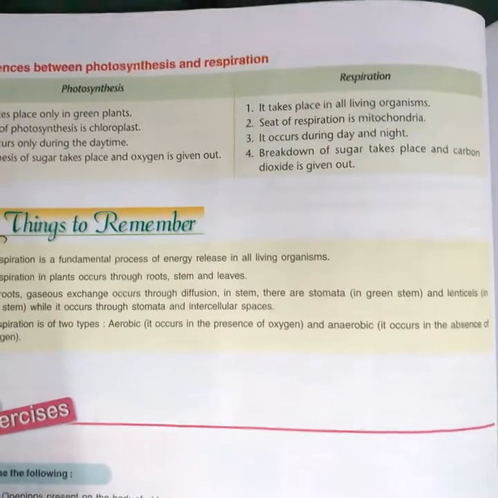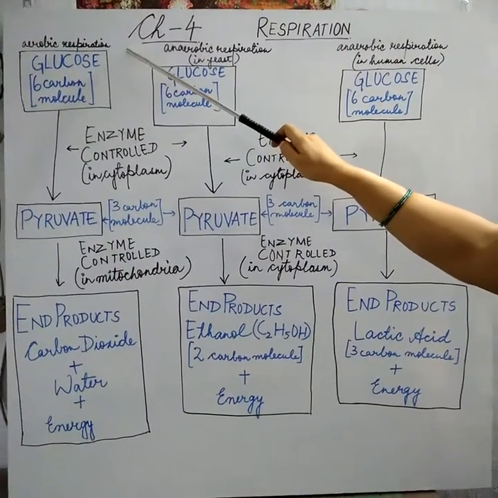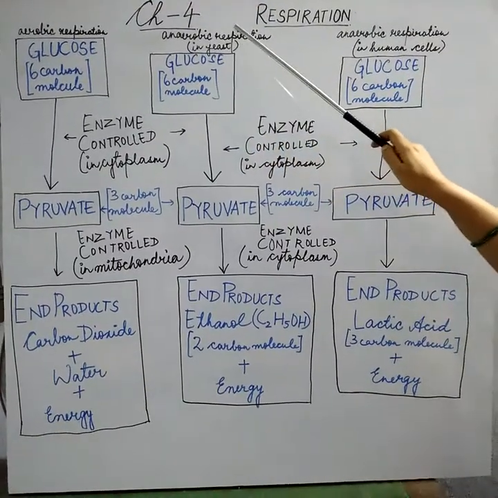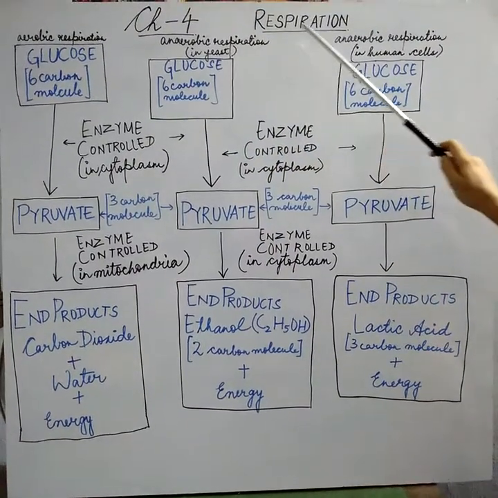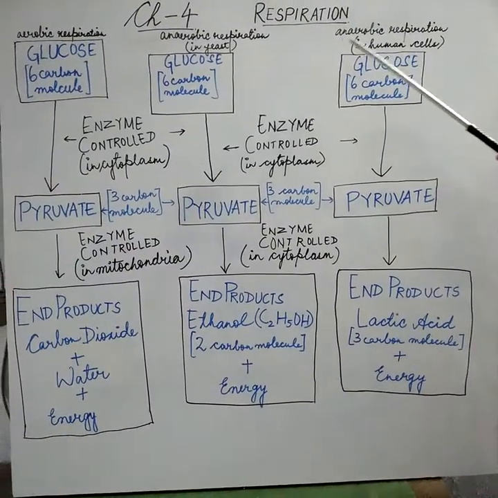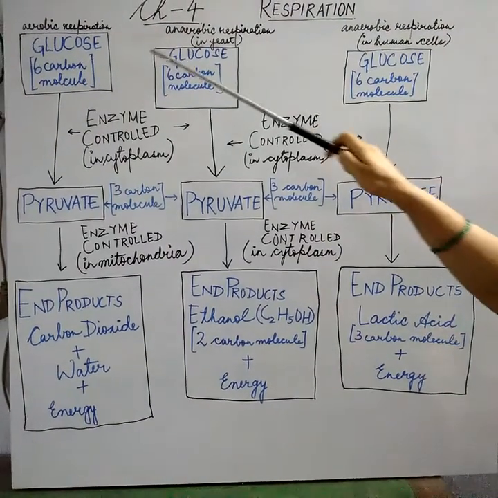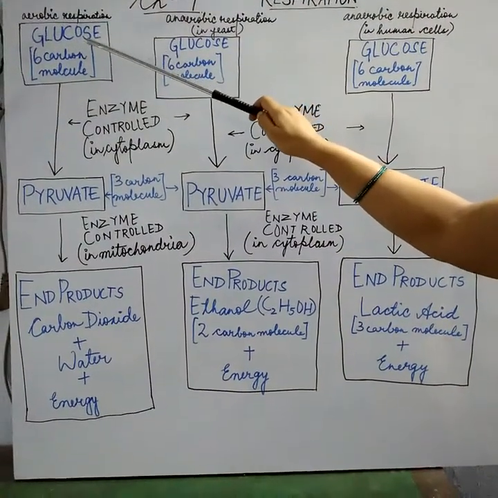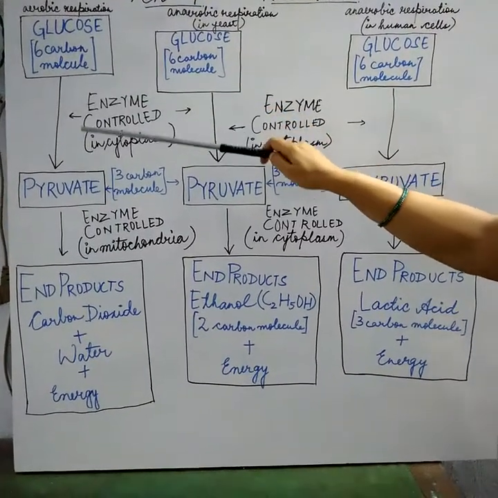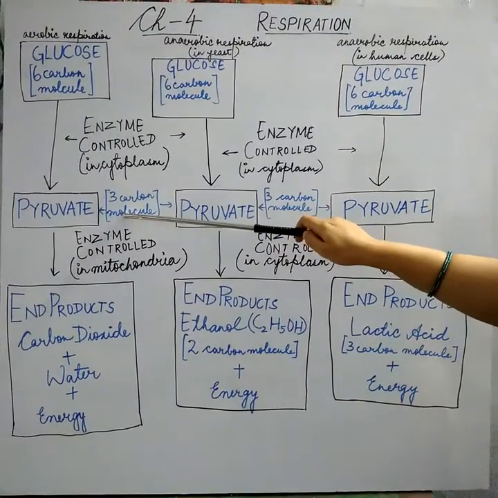Children, now look at the board. Children, there are three pathways of respiration. Number 1, aerobic respiration. Number 2, anaerobic respiration in yeast. And number 3, anaerobic respiration in human cells. I will explain you one by one what happens in all these three pathways. First, aerobic respiration. Here, glucose, it is a 6-carbon molecule compound, is broken down into pyruvate, that is a 3-carbon molecule compound.